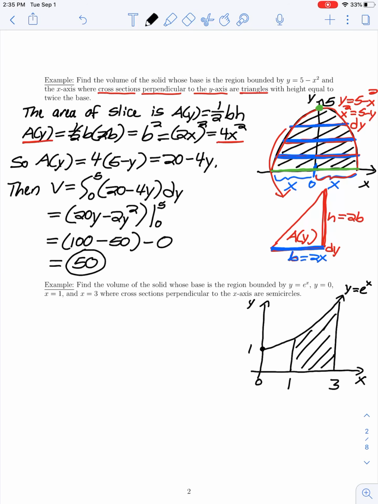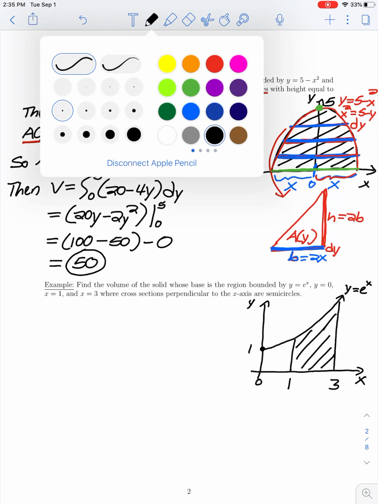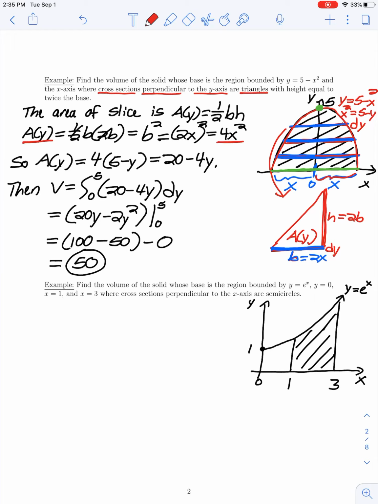And we are told here that cross sections perpendicular to the x-axis, so if I take a little slice perpendicular to the x-axis at some point x, the slice through my solid would have a thin width I'm going to call dx. And if I were to pull that slice out of my solid, I'm told that it's shaped like a semicircle. So here, let's visualize what we have.